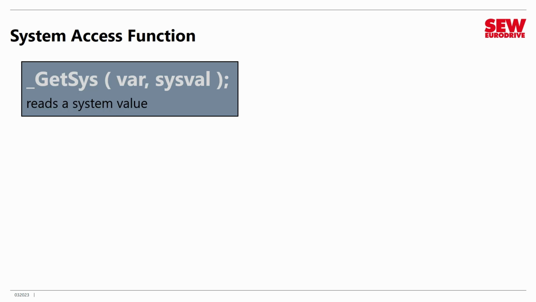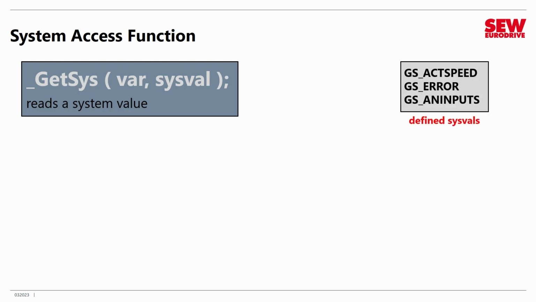So you pass it a variable which will be the recipient of the value it's going to read, and then the second parameter, sysval, indicates what you want to look at. There are a number of possibilities, but these are the 3 we're going to talk about right now. There are 3 constants available: GS act speed, GS error, and GS AN inputs.